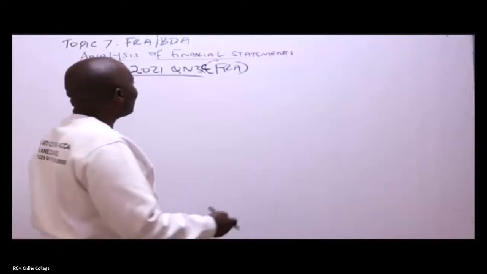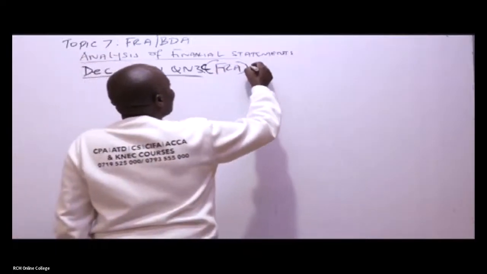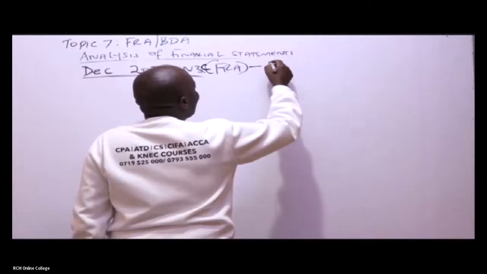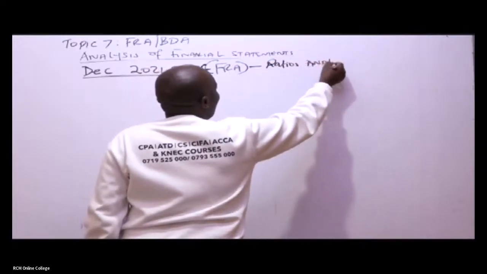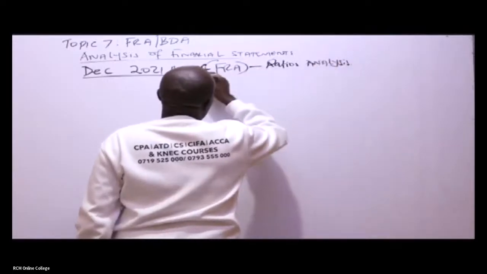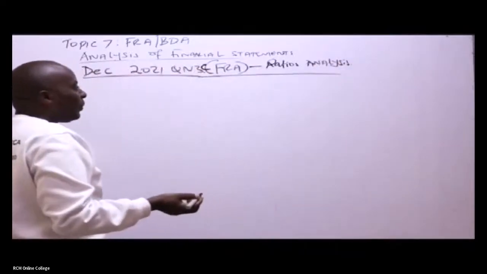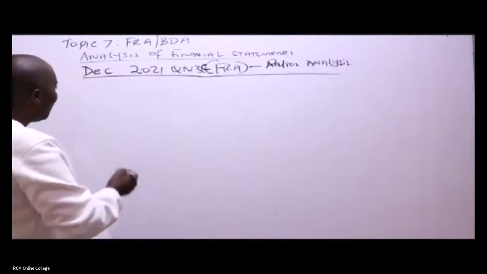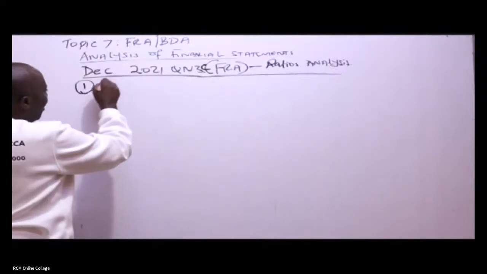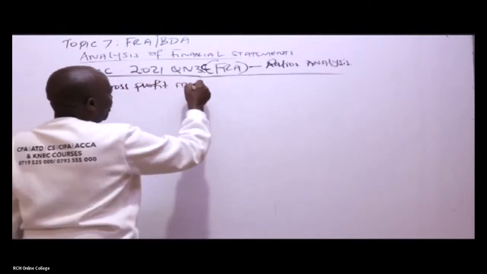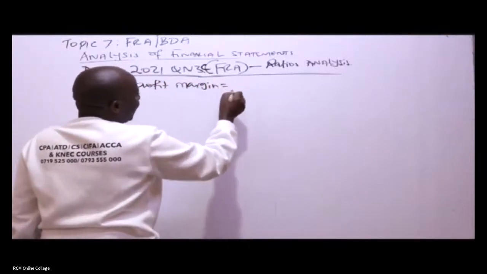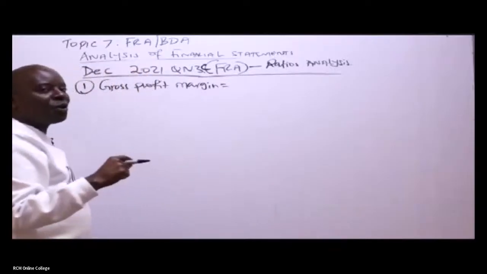Basically, we are using this question to teach you how to get ratios. So this is now ratio analysis. We start with the first one, which is the GPM, gross profit margin. How do we get gross profit margin?